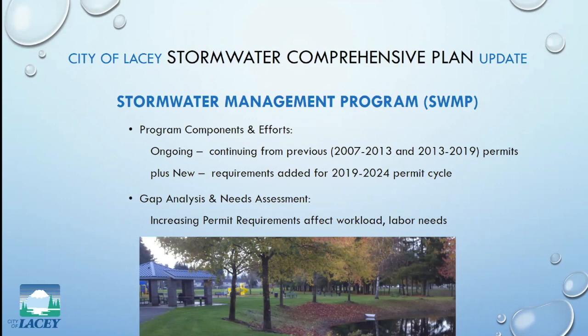Our consultants at Herrera conducted a gap analysis and needs assessment to determine the effects of these increasing requirements on our workload and the cost of compliance. So that's part of what we'll talk about more in the recommendations of the Stormwater Comp Plan update.